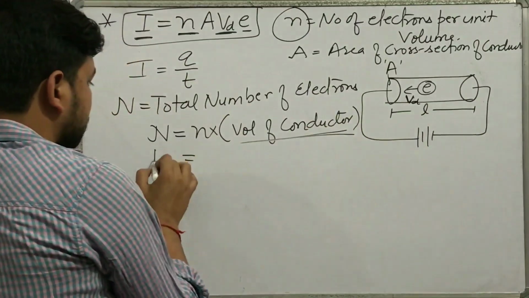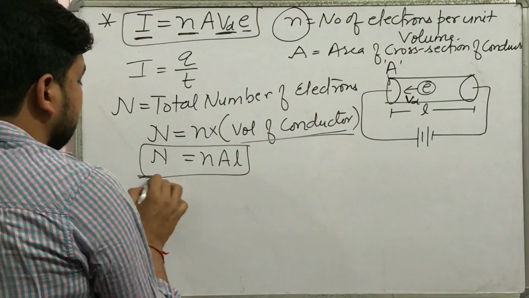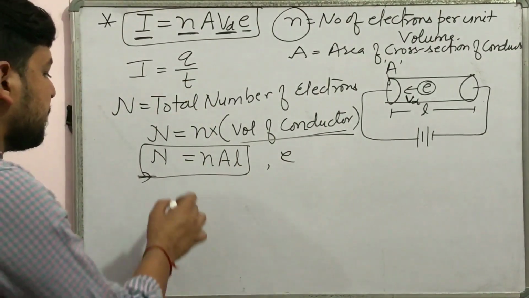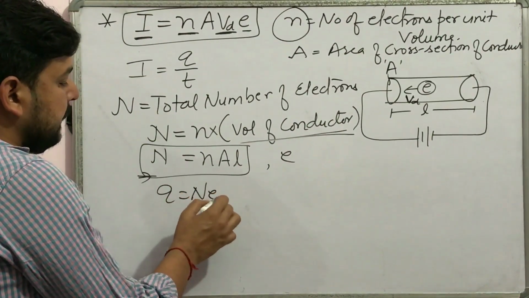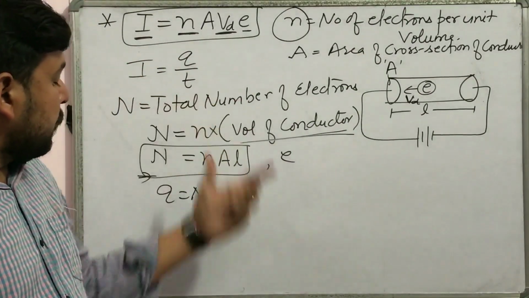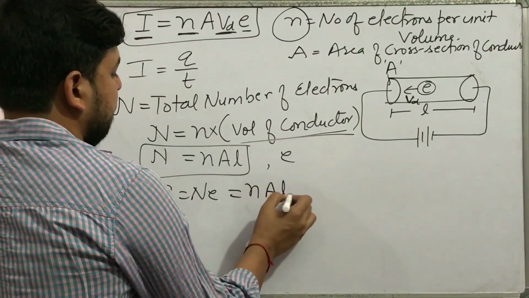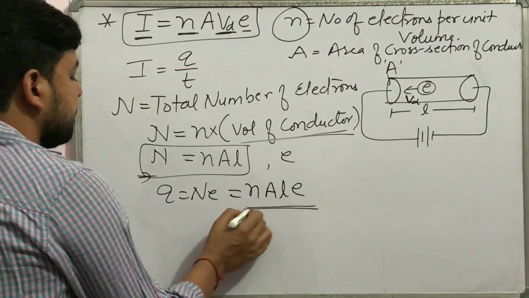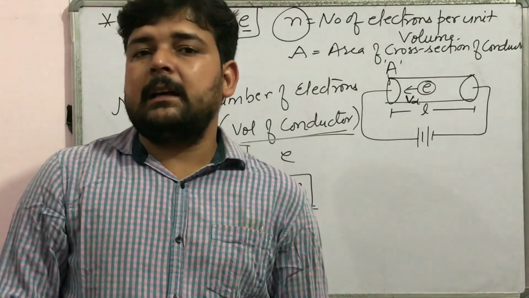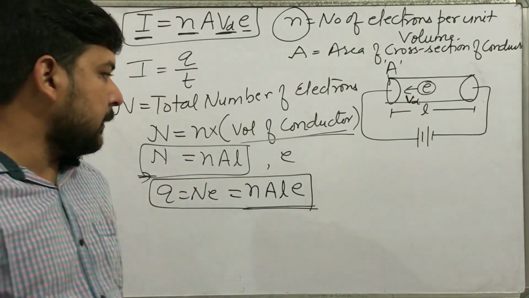A L. So capital N comes to be nAL. And if small e is the charge on one electron, then total charge Q equals Ne, and that N equals nAL. So this will be nALe, that is the total charge on all the electrons in the conductor.